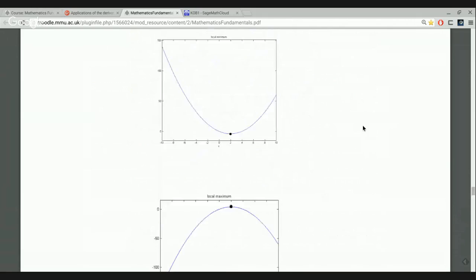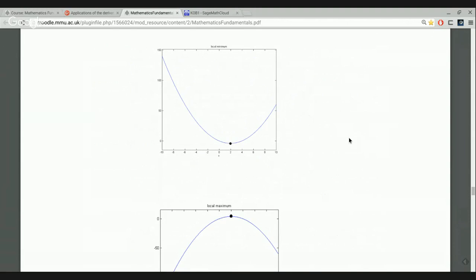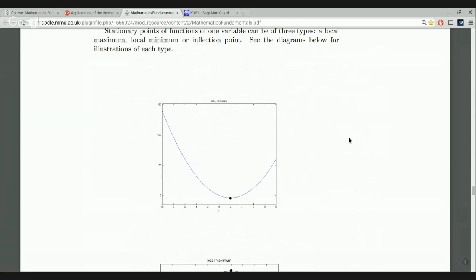So if you look at the local minimum point, think of what the derivative is doing either side. To the left of the local minimum, we've got negative derivative, because the function is decreasing there. We've got negative slopes, 0 slope at the minimum point itself. And then to the right of the minimum, we've got positive values of the derivative, positive slopes.